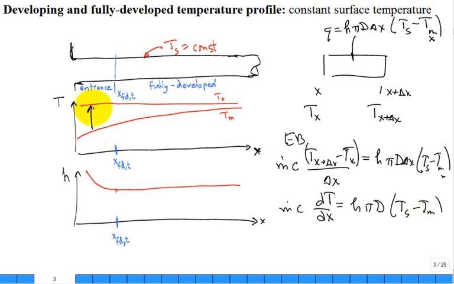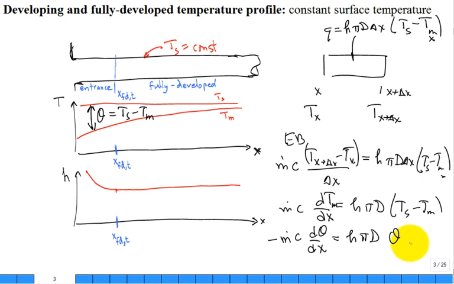A logical theta would be Ts minus Tm. So if that's true, then I need to put an m right there to emphasize that. Then this would be minus m dot c d theta dx is equal to h pi d theta.